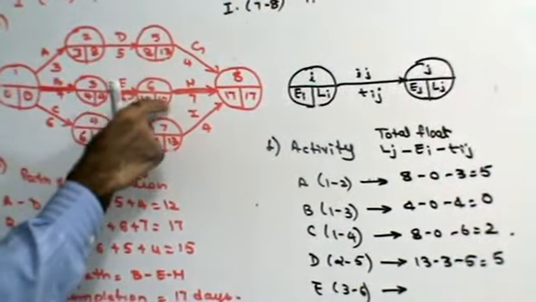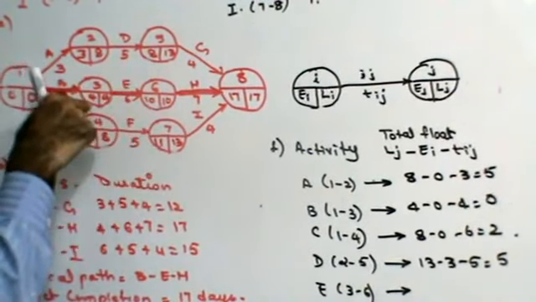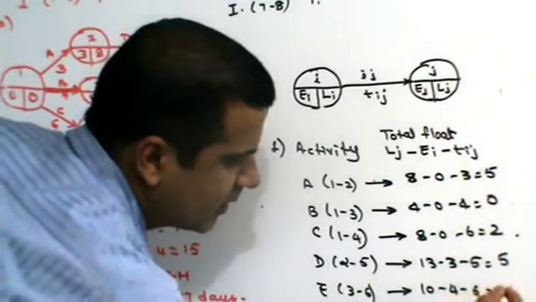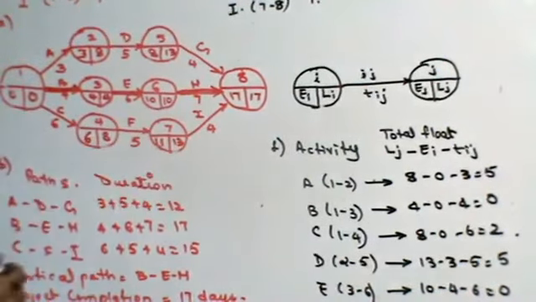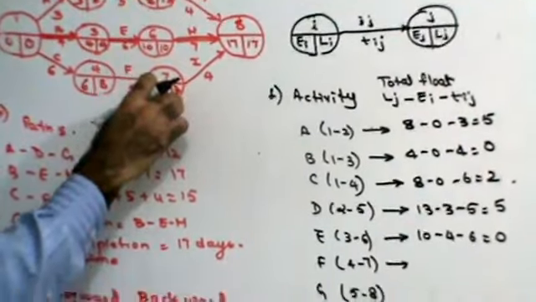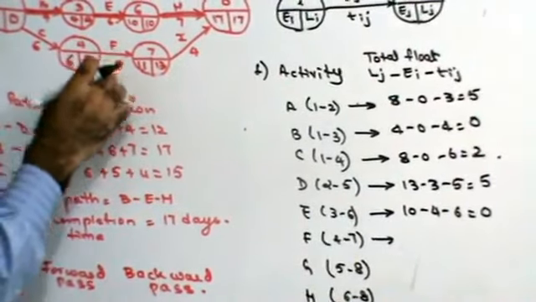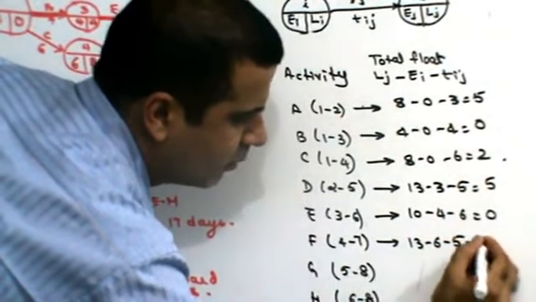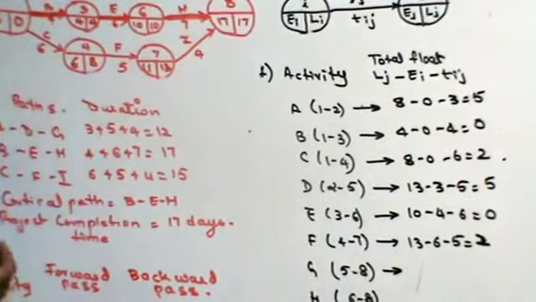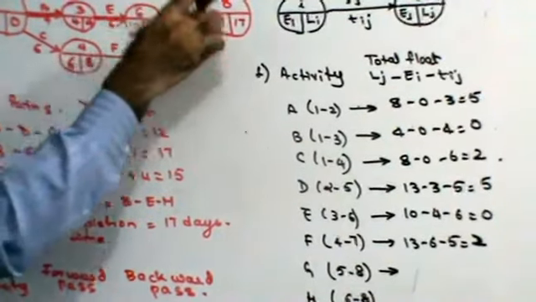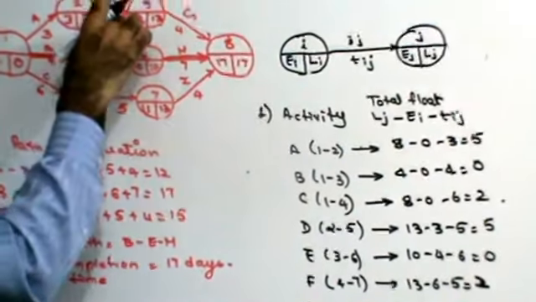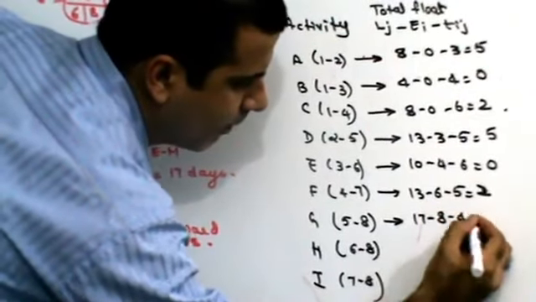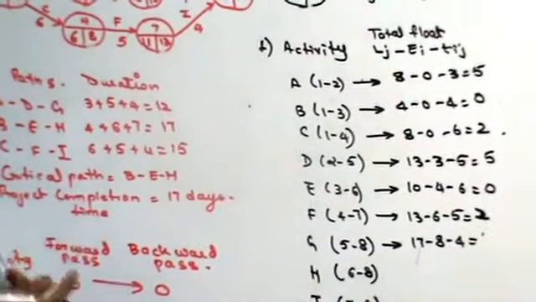For activity E, 10 minus 4 minus 6, 0. Then F is 13 minus 6 minus 5, 2. Next, for G, 17 minus 8 minus 4.